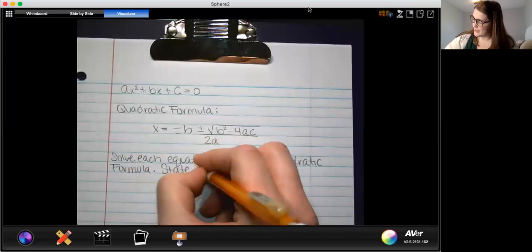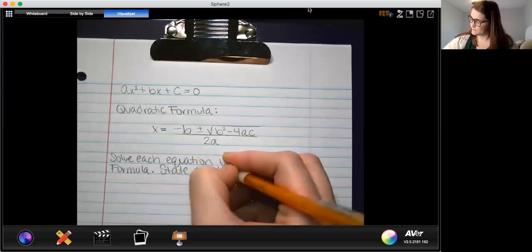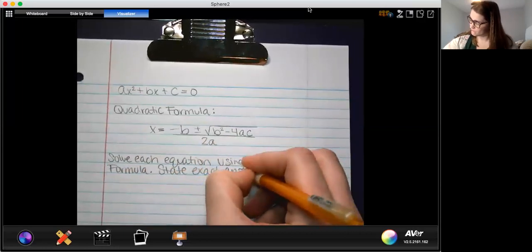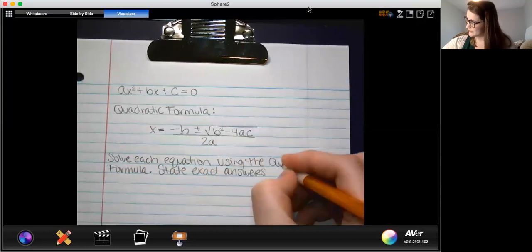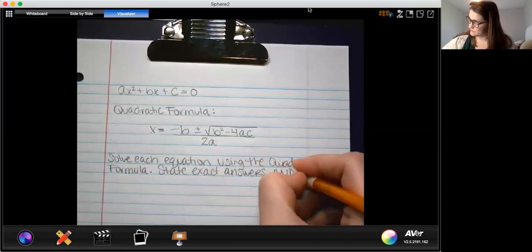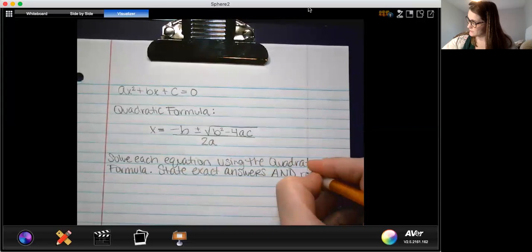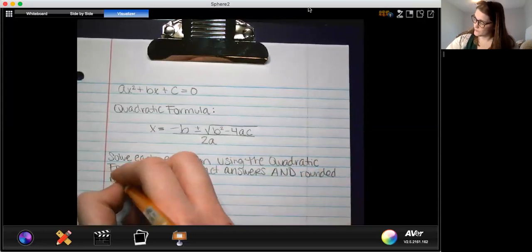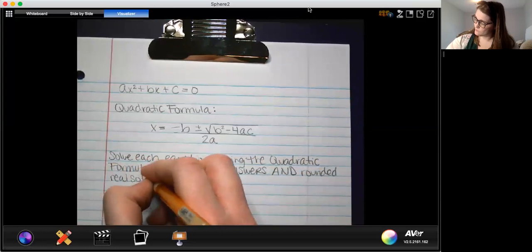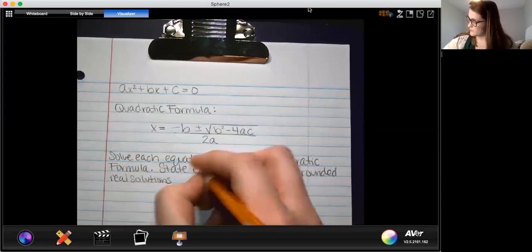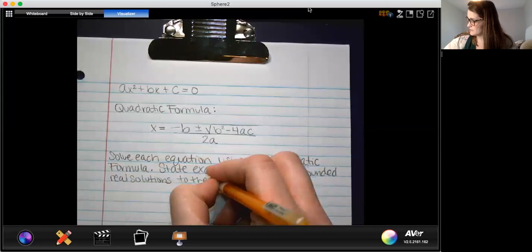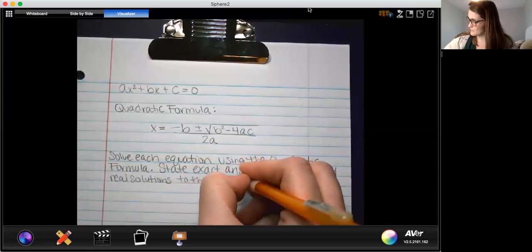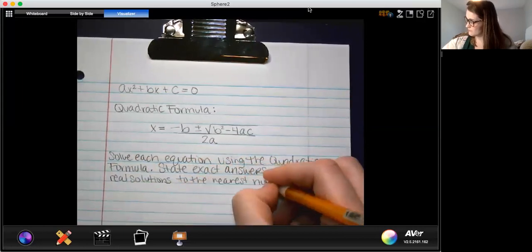State exact answers and rounded real solutions to the nearest hundredth.